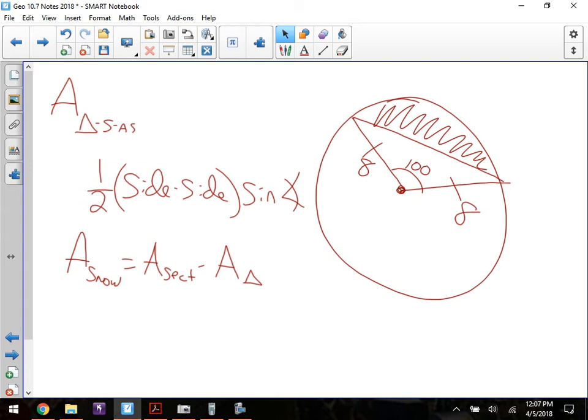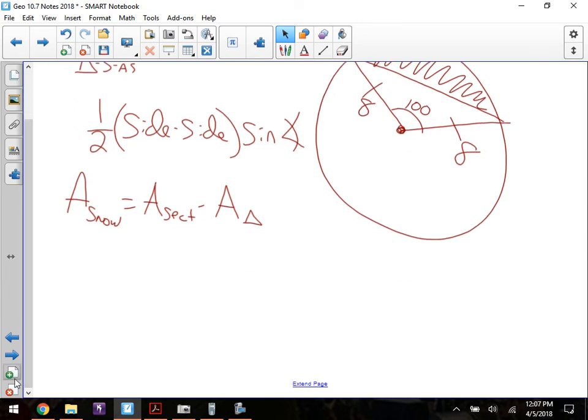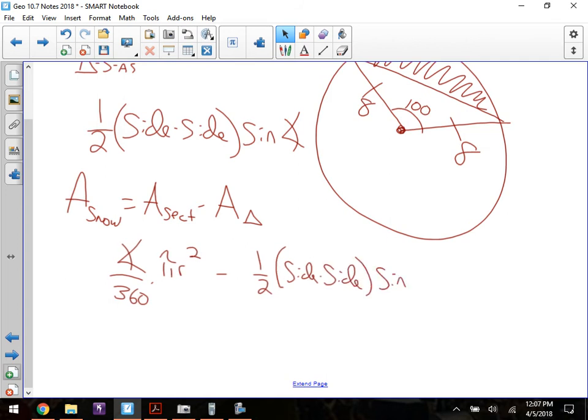I would not try to put all of this at once in the calculator. That's the one thing I wouldn't do. I'd figure out the first part, then I'd figure out the second part.